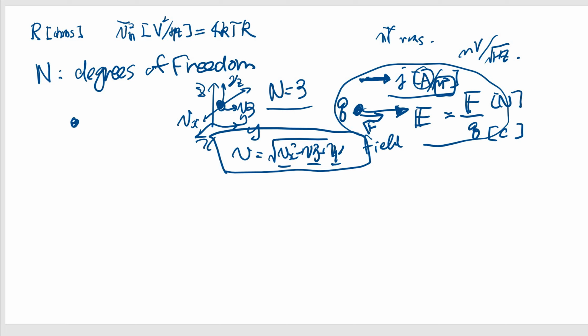Or some molecules are constituted of two particles, and the distance between these particles, delta x, can vibrate, and this counts as 1 for N. The components can also rotate, and rotation around an axis has 1 degree of freedom.